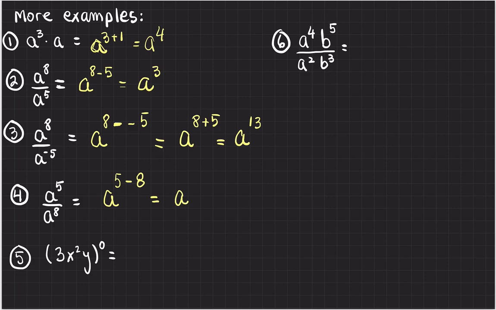This will be a to the power of 5 minus 8, which is negative 3. A negative exponent, but we do have a property for that too. It was the last property we just saw. We can write it as positive by writing it in the denominator. So this would be 1 over a to the power of 3. Let's see our next example.